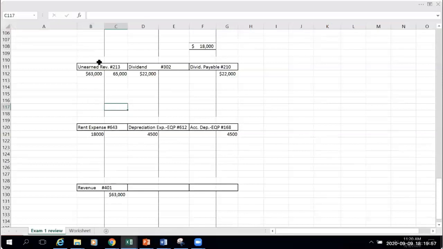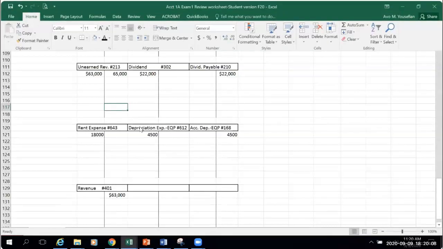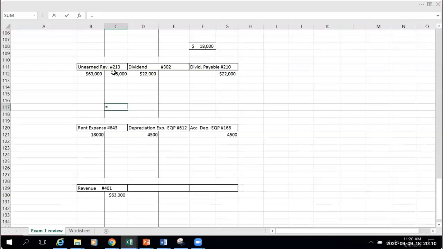Why? Because unearned revenue, it's a liability, and credit side is bigger than debit side. So I have to be on the credit side. So let's put a box in it, that one, and then say equals to the credit side, which is a big number, minus the debit side, and the number is $2,000. Voila, that's exactly what we have to have, right? So now everything is looking fantastic, I believe.